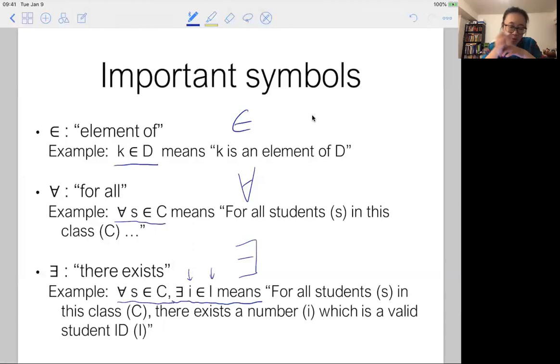Of course, I'm making a lot of assumptions about what each symbol stands for. In this case, lowercase i stands for a particular ID, and capital I stands for the set of student IDs. We're going to learn the concept of sets in chapter 3, but you're going to see some of those examples already. For example, we are already talking about the set of integers and the set of real numbers.